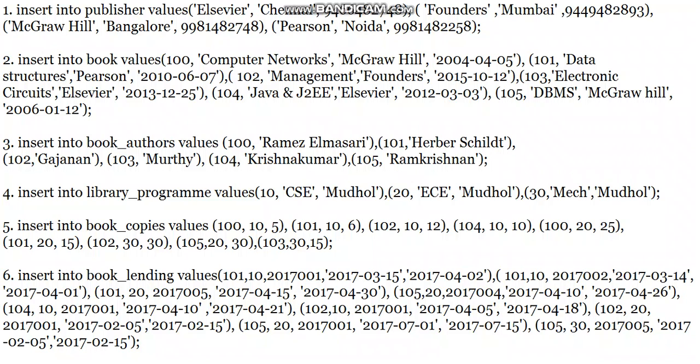The second one is insert into book values. I have given a book ID, the book title, the publisher name, and the date, that is the year of publication. We have used the same publisher names, McGraw-Hill here, Pearson here, then Founders, then McGraw-Hill.